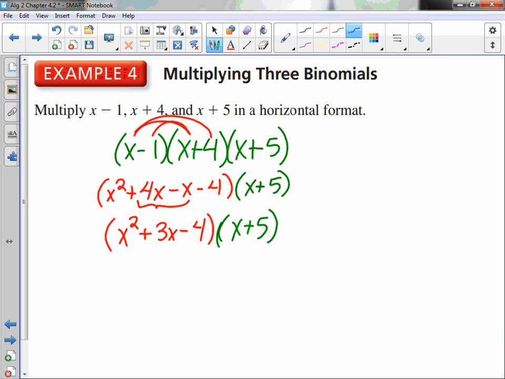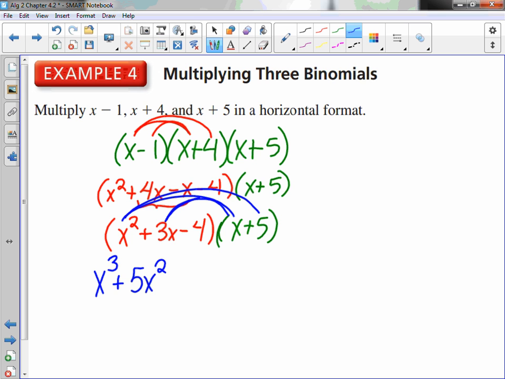Any questions on this here? We'll do it again, because again, we need to multiply these. So x squared times x would be x cubed. X squared times positive 5 would be plus 5x squared.